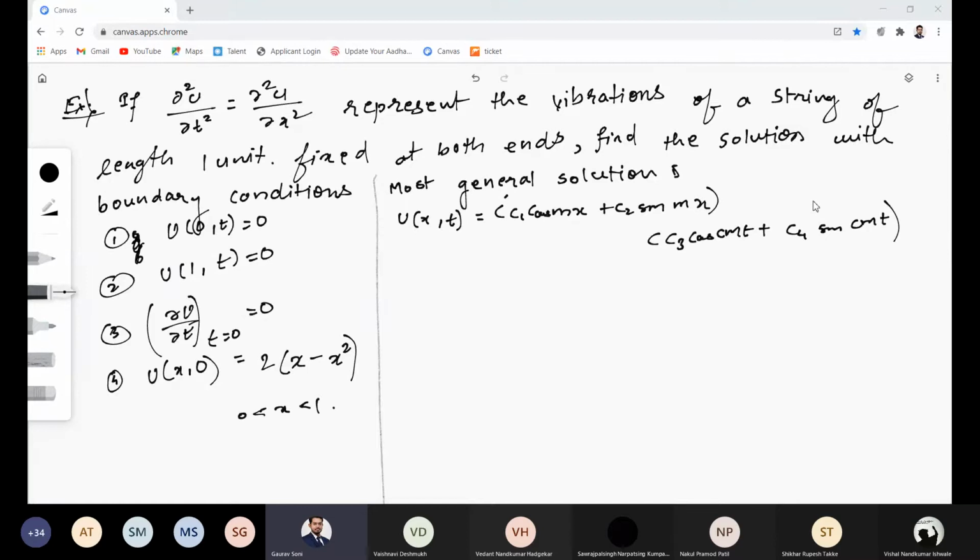Janvi, you want to make a change in this? So I don't know. I wasn't there yesterday actually. Aditya Goye.